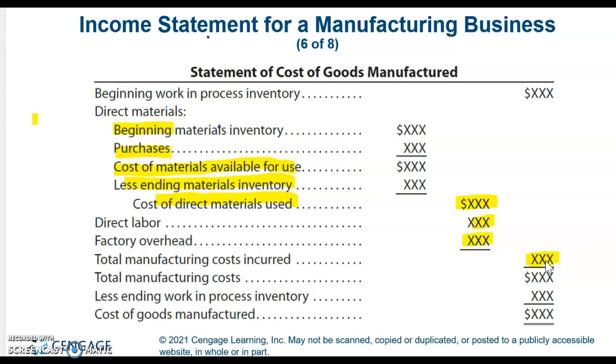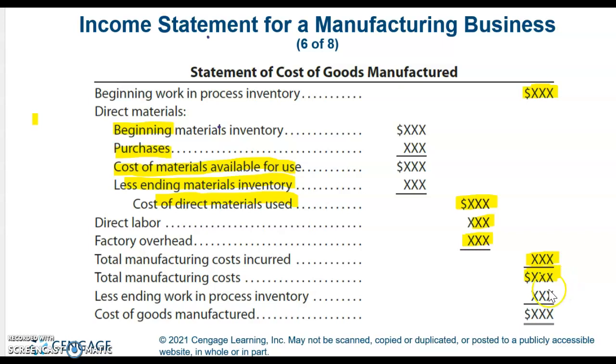So I'm going to take those manufacturing costs I incurred during the year, add them to my beginning work in process inventory, and that's going to give me my total manufacturing costs that I have to account for.